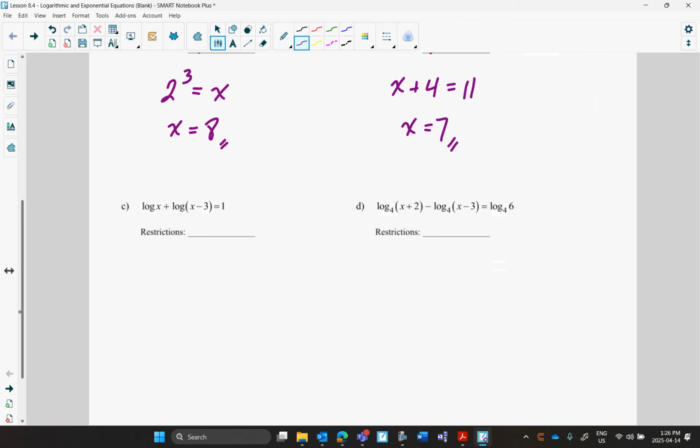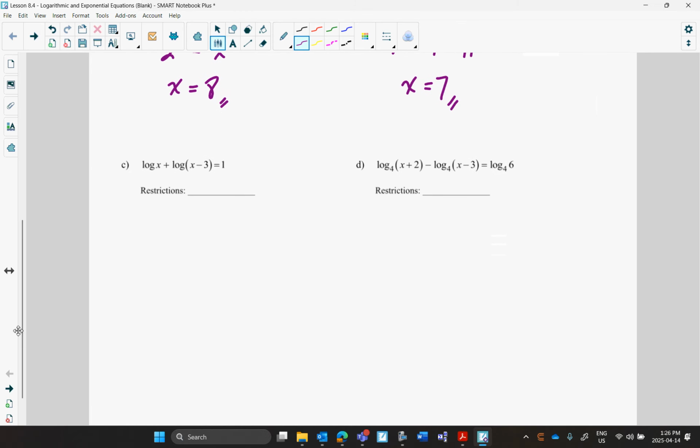Now we'll get a little bit more complex. Is this type 1 or type 2? Type 1, because it doesn't have logs on both sides, and it doesn't matter if I move a log over here, there's still a constant there, so I can't just cancel out the logs. But I could do something with this.